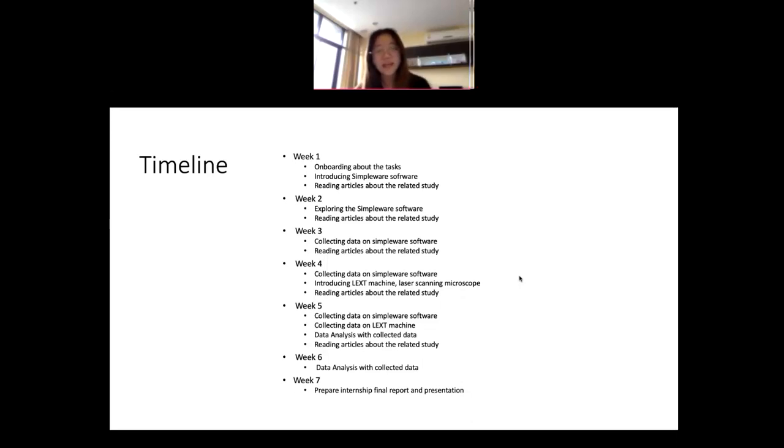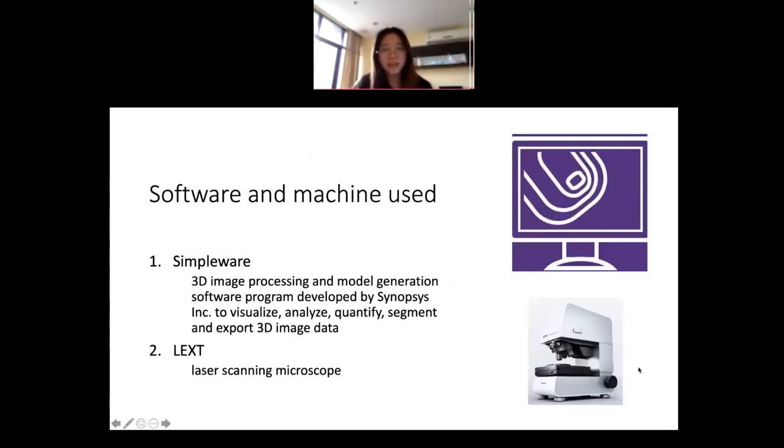And in week 6, I finished up my data analysis, and on week 7, I prepared my final internship report and this presentation. And this is the software and machine used during my internship project.